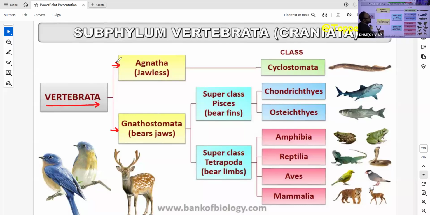नो जॉ अग्नाथा, जॉज प्रेजेंट ग्नाथोस्टोमाटा, ठीक है। No jaws Agnatha, jawless; then bear jaws Gnathostomata, fine. There is another variation, that is craniata and acraniata.